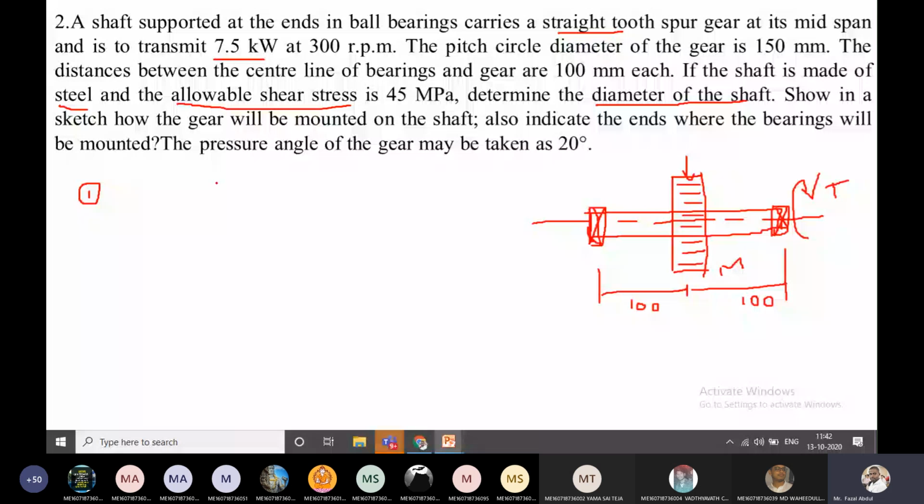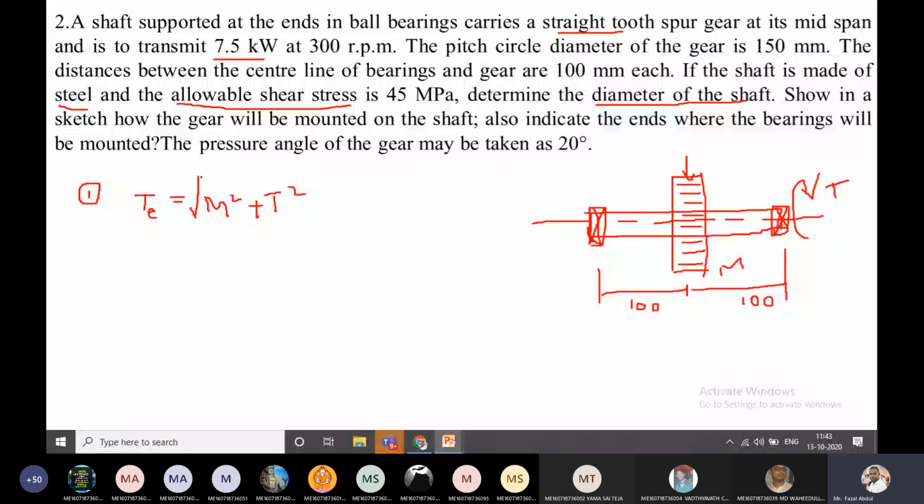The second theory is equivalent torque, TE equals the square root of M square plus torque square. With this equation we can solve the problem.